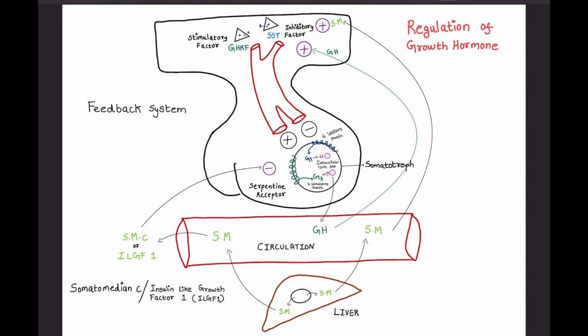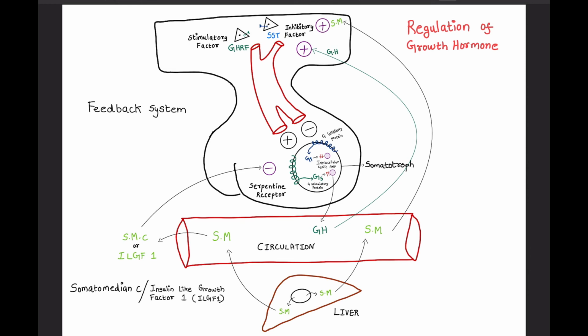So growth hormone releasing factor is a stimulatory factor and somatostatin is an inhibitory factor. And I repeat again, please do not confuse somatostatin and somatomedin. Somatomedin is in the liver. Growth hormone will form somatomedins. Somatostatin will inhibit the synthesis and release of growth hormone.